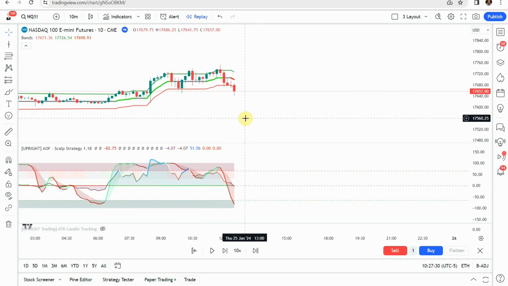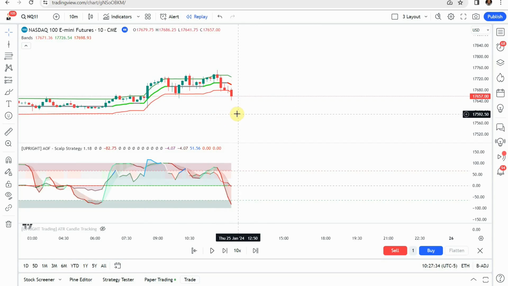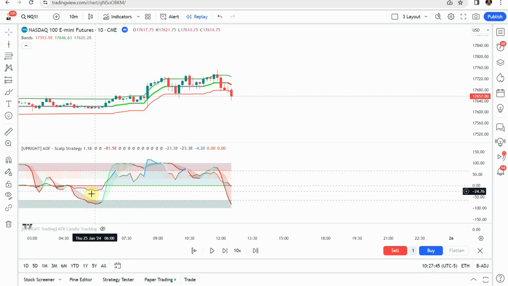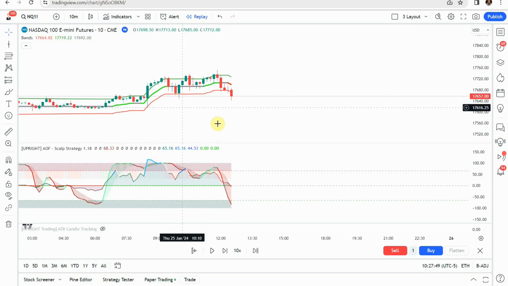And so what we are looking for is kind of a two-part setup here, as you can probably guess by the two indicators here. And so what we're looking for first and foremost is going to be the Academy Forex MR line. So it's this line right here, not this faster line, but this line is the MR line. Typically we use it to identify kind of overbought and oversold.